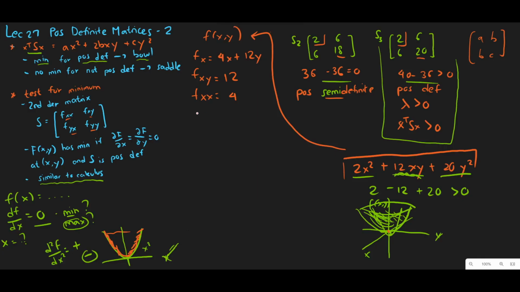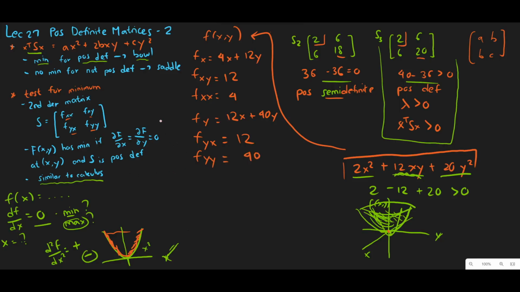And for the y part, let's do f_y first. f_y is equal to 12x plus 40y, and then for f_yx, we have the 12 only, with the derivative with respect to x, the y term is gone. And then f_yy is 40.